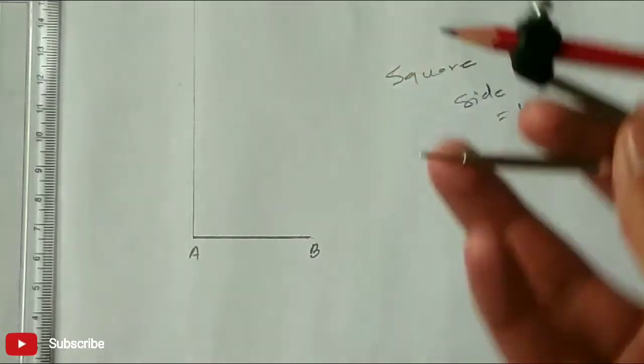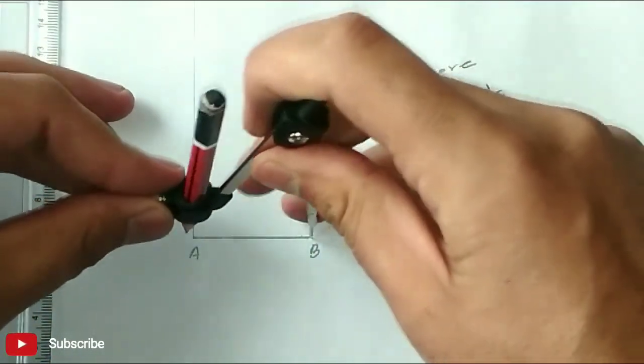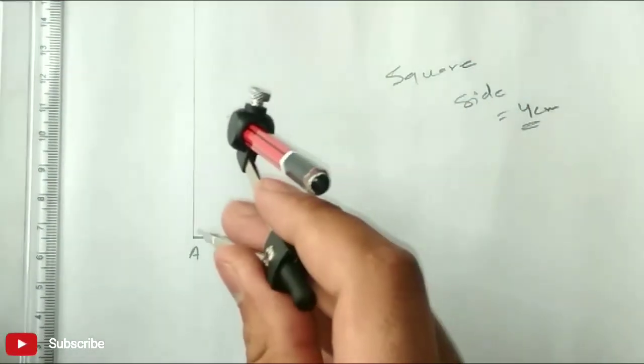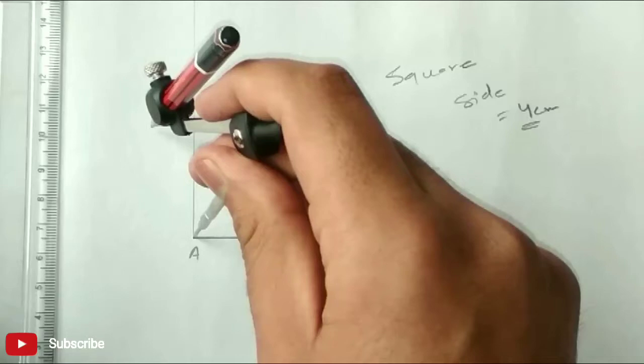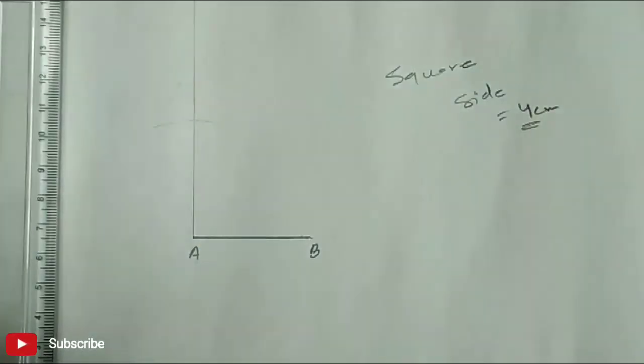Then I will take this compass and open it equal to the length AB. I will place this compass at point A and draw an arc which will intersect the vertical line at a certain point.